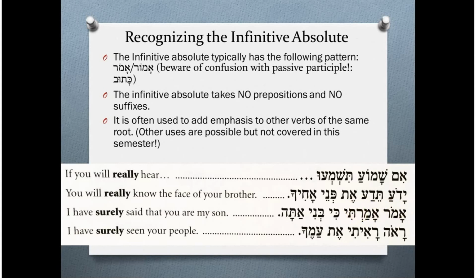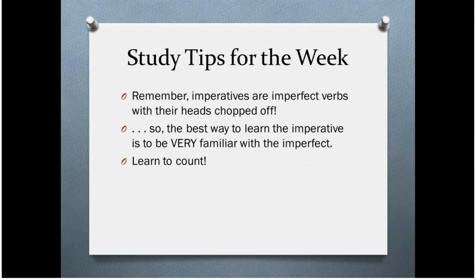Ra'o ra'iti et amecha. I have surely seen your people. So here we have the word for people, with kha, second masculine singular, and then the real point here, ra'o ra'iti, I have surely seen. So again, there you have the infinitive absolute functioning to emphasize the finite verb.